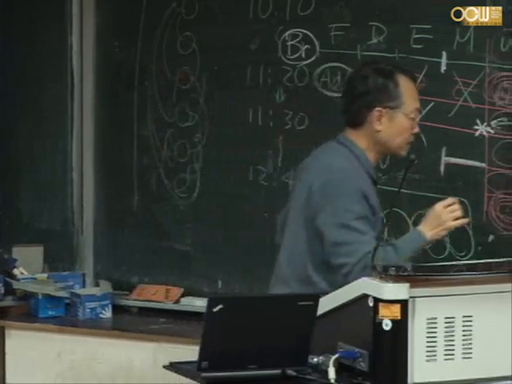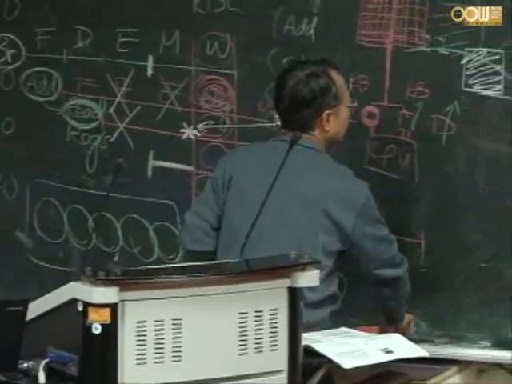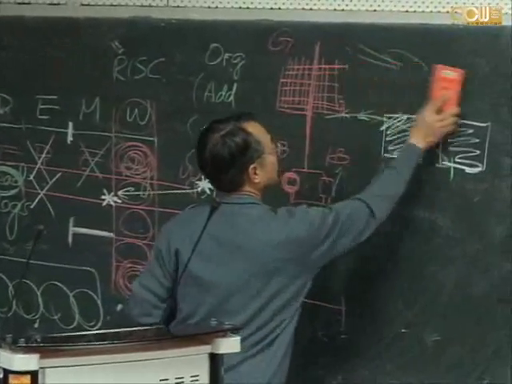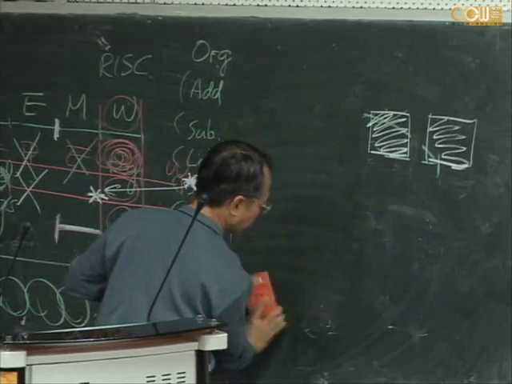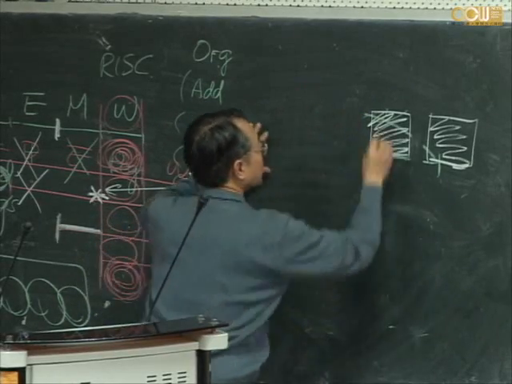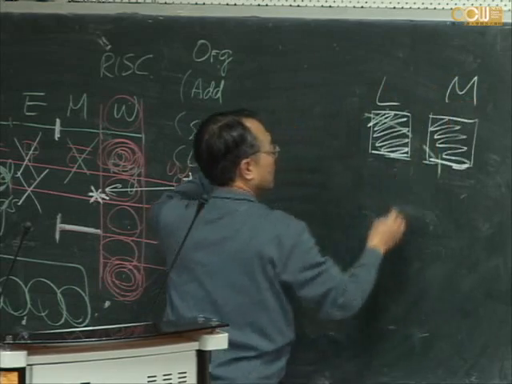But however, the clock rate increase of these two types of chips, this is the logic chip, this is the memory chip.